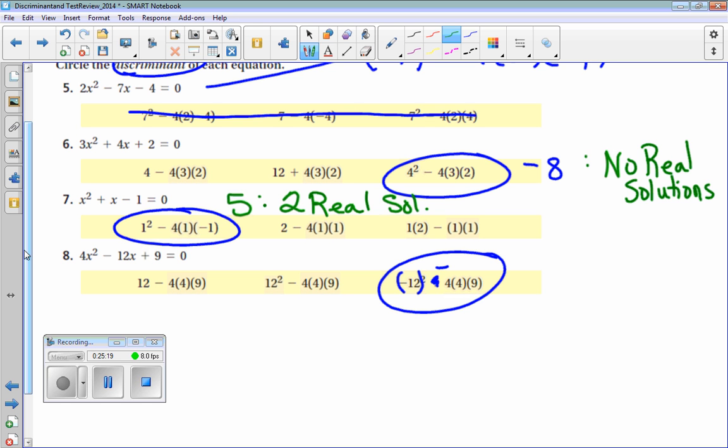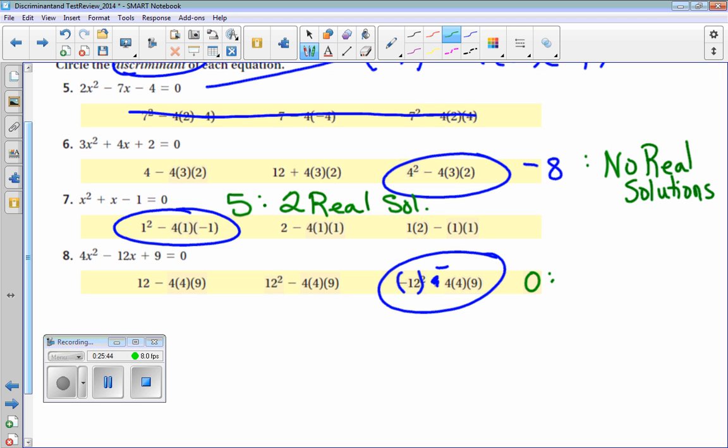How do you get one solution? It's when the discriminant is 0. I don't think this one is 0, but maybe it is. Let's try. Is it actually? It is. I tried it. So negative 12 squared minus 4 times A times C, and I got 0. So that tells me how many solutions are there? 1.